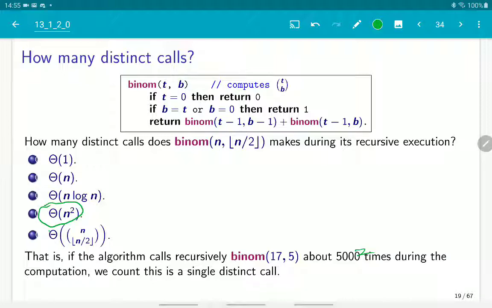So this is the interesting thing: the number of distinct calls is quadratic, but the running time is awful. It's exponential, as I said, roughly 2 to the n over square root n.